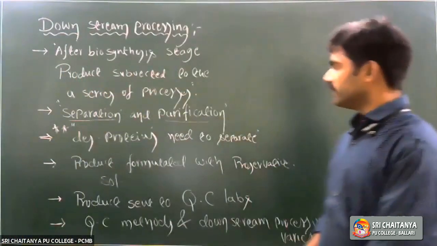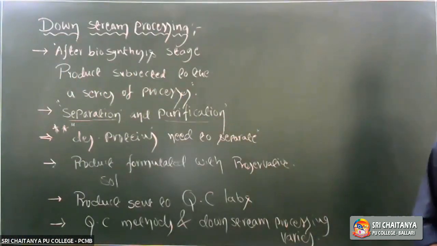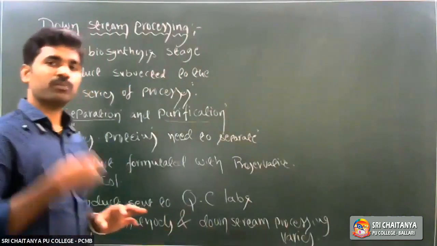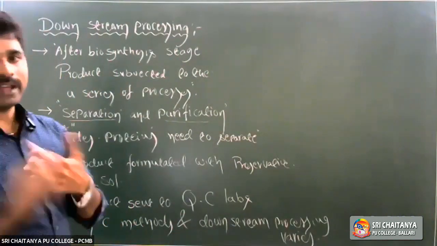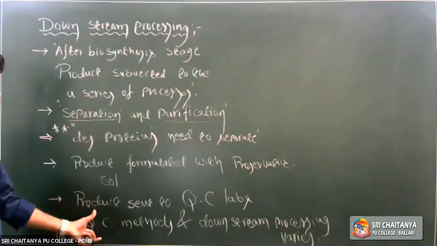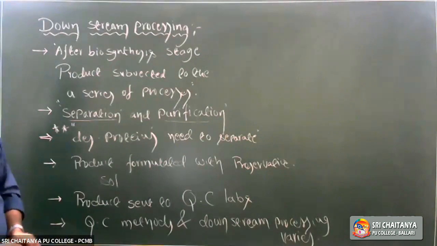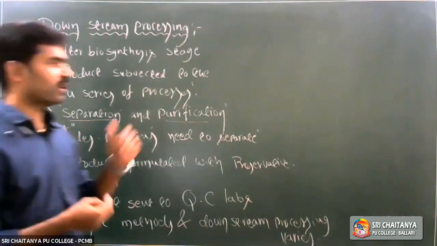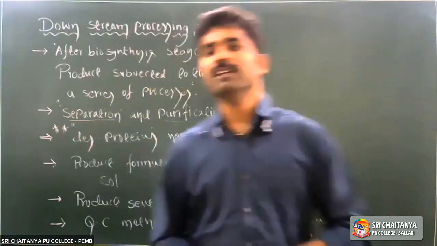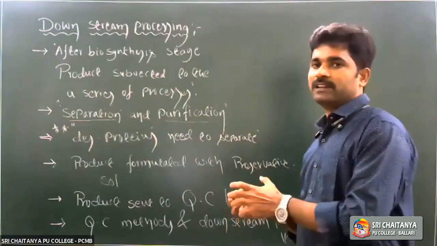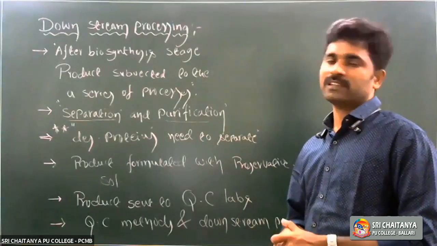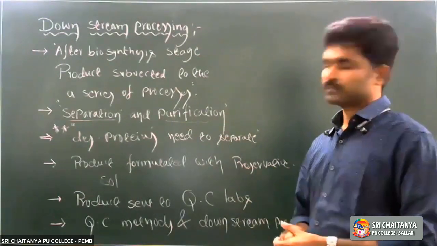Again, it is sent to quality control laboratories to check the quality of that particular product, either hormone, enzyme, antibiotic or vaccine, whatever it may be. Quality control methods and downstream processing techniques vary from one product to another. So finally, we collect the desirable product from the recombinant DNA containing bacterial cells.